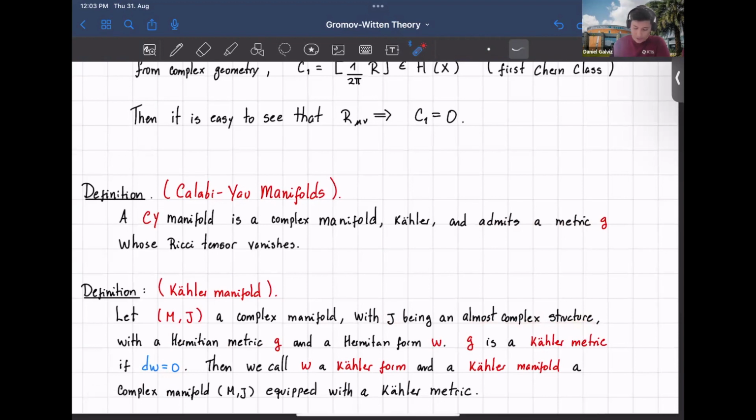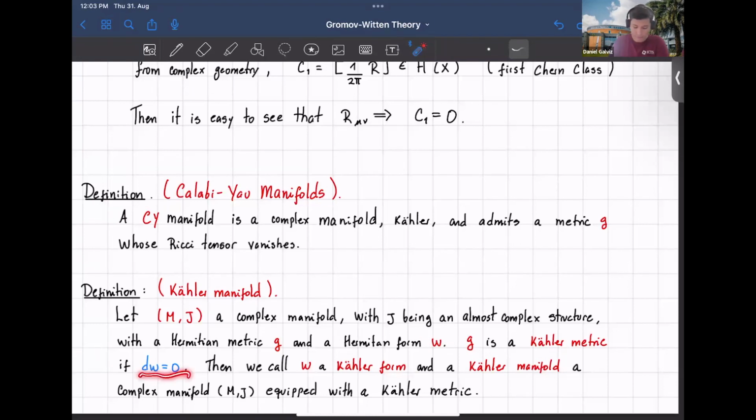This Hermitian metric is just how this almost complex structure is related with J, it has some nice properties, and then a Hermitian form omega, such that g is Kähler if this Hermitian form is closed.